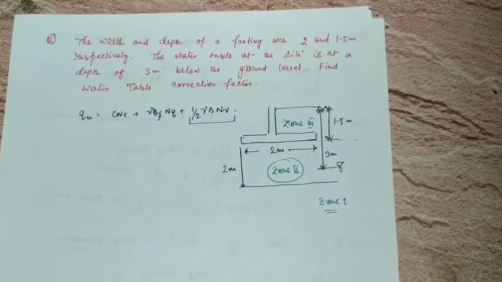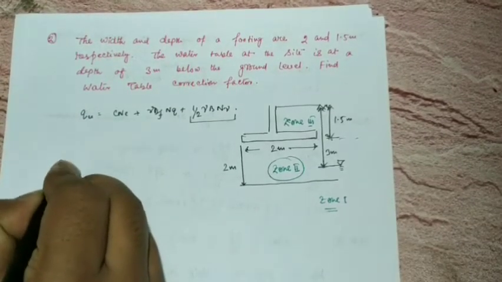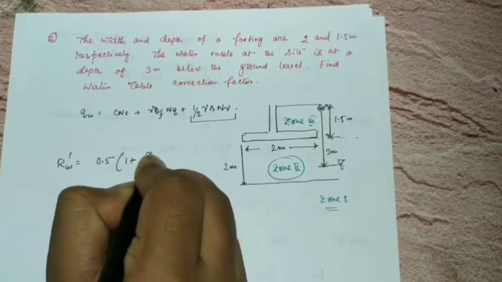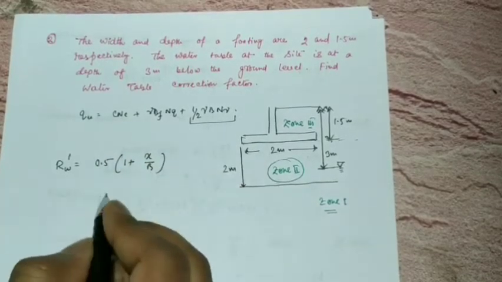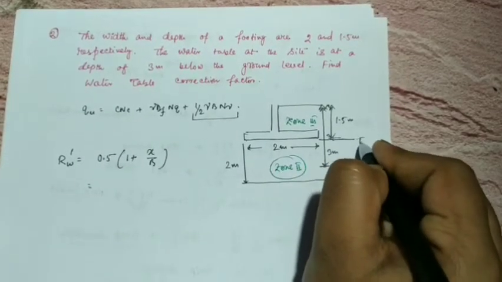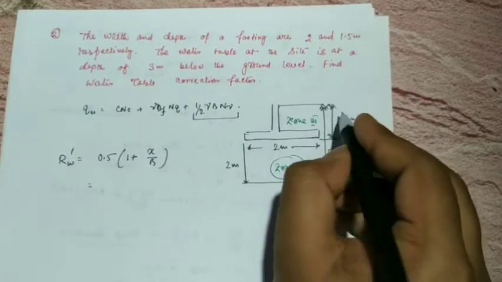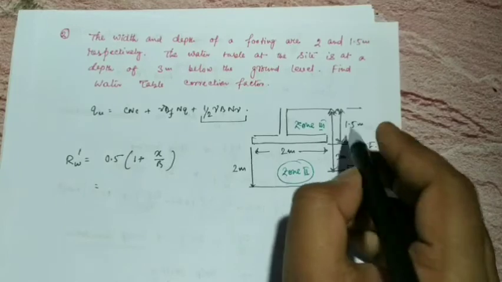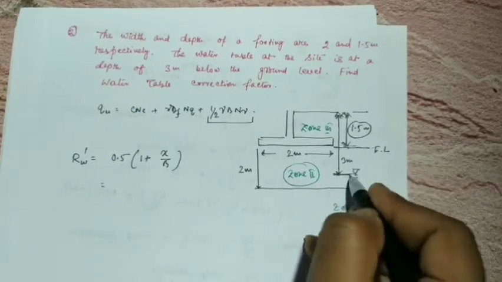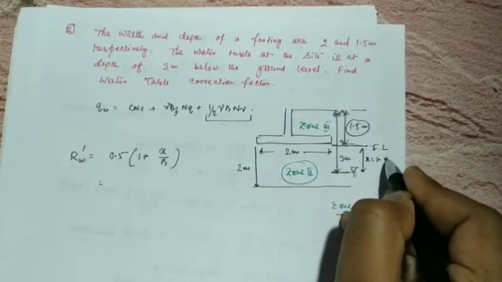So then what will be the water table correction factor? Then the water table correction factor will be 0.5 times (1 plus x by B). The value of x, you have to calculate from foundation level. So from ground level to foundation level is 1.5, then from foundation level to water table the depth will be 1.5, so x will be 1.5 meter.